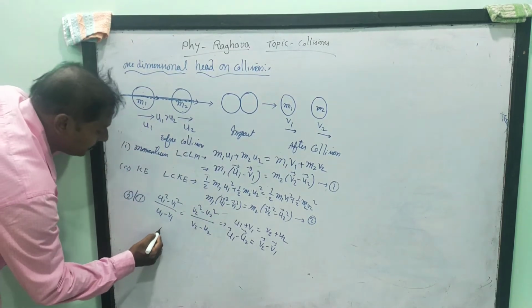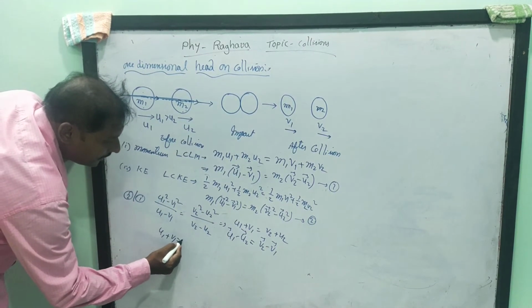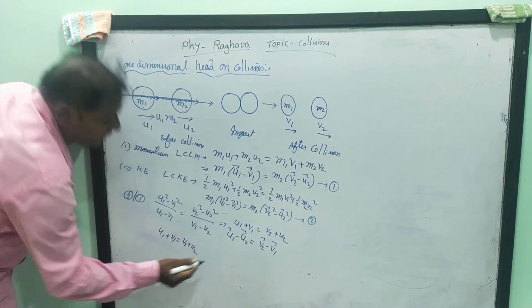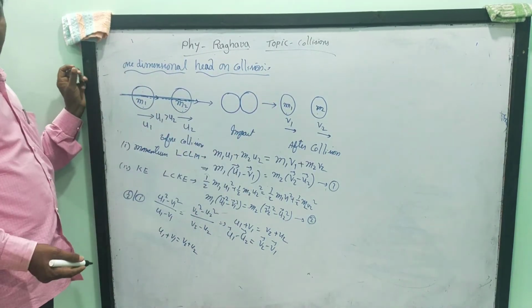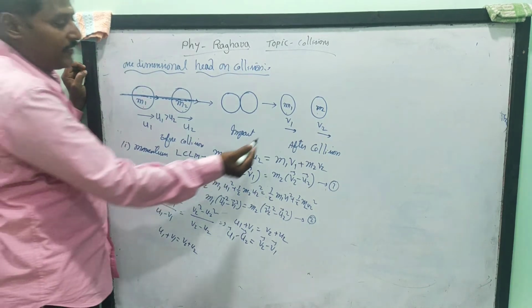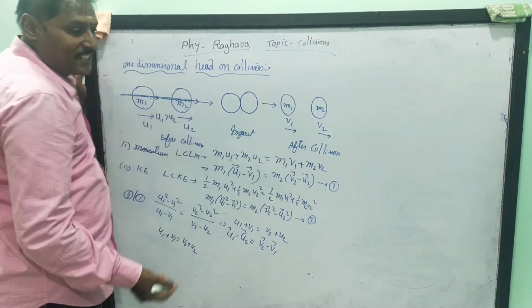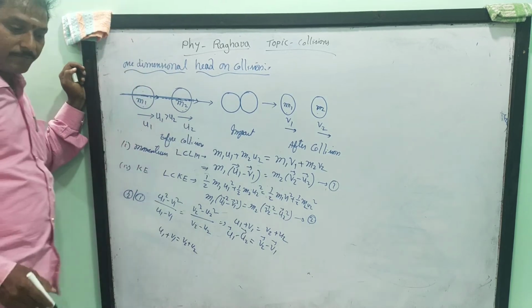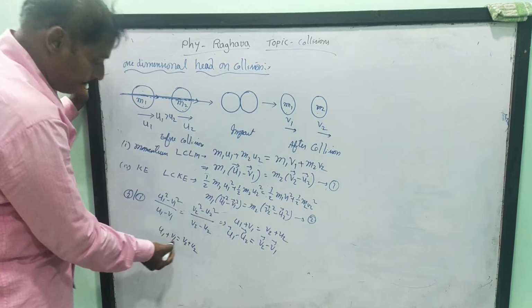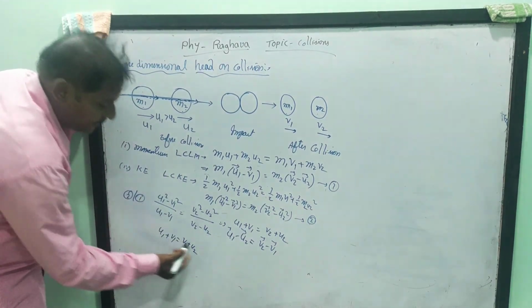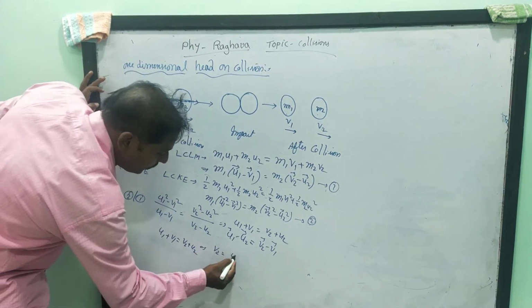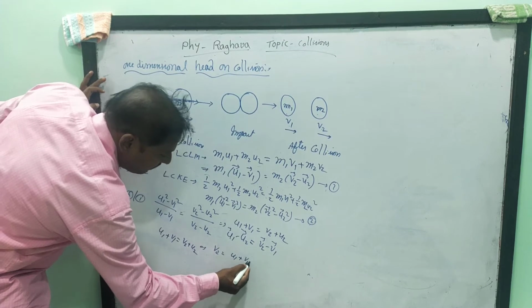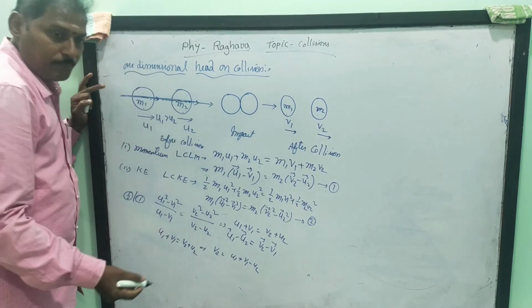From this expression, we can find the velocity of the first body and second body after collision. First I want to find the velocity of the first body after collision. So from this equation, we can write v2 is equal to u1 plus v1 minus u2.